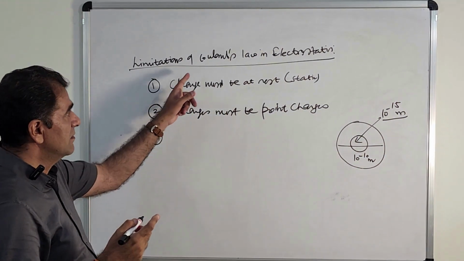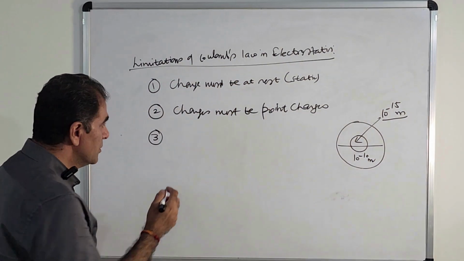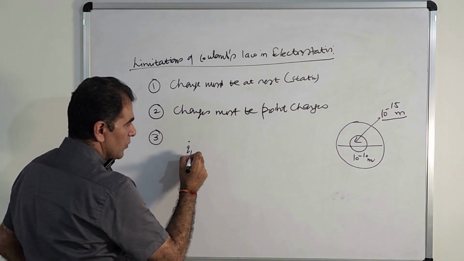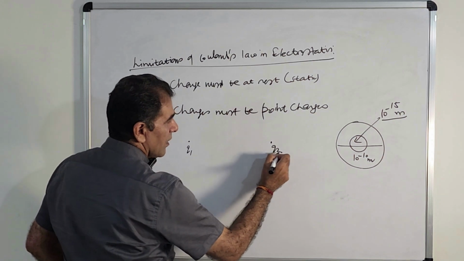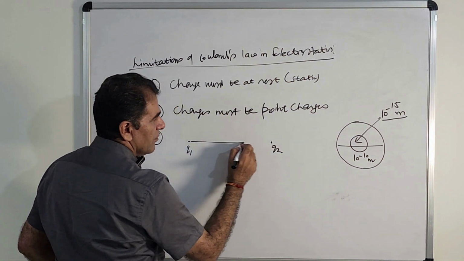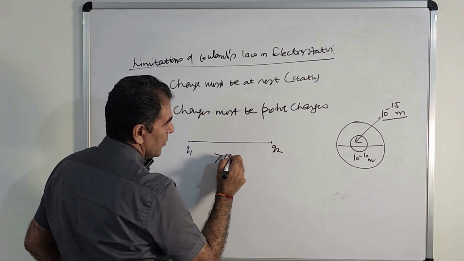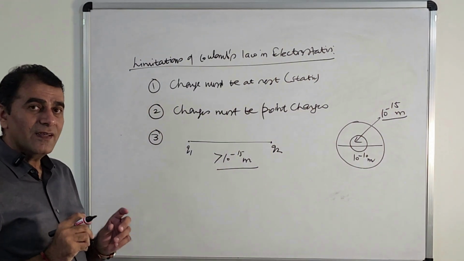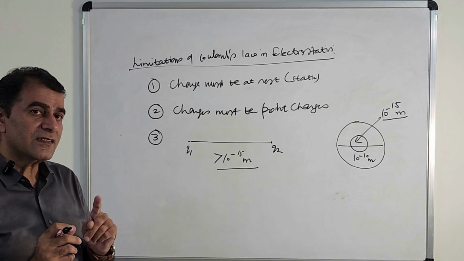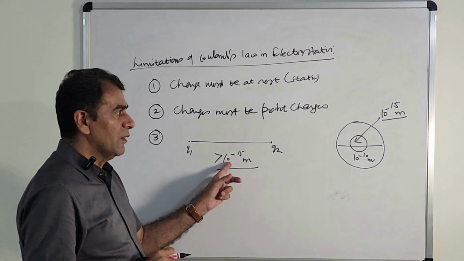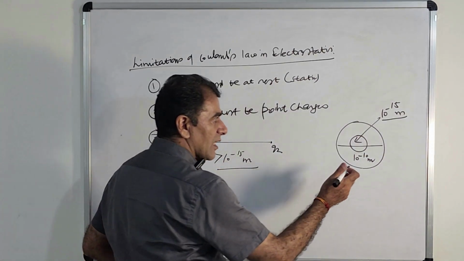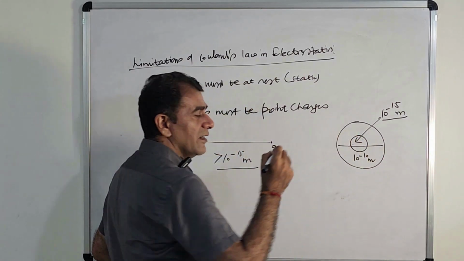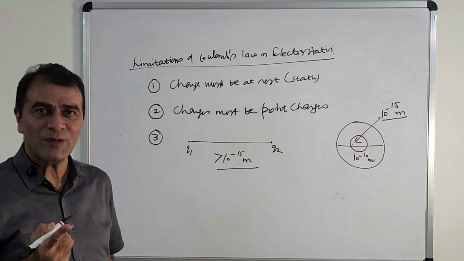So the condition is that Coulomb's law will hold good if, for two charges Q1 and Q2, the distance between them is greater than 10 to the power minus 15 meter. If the distance between two charges is less than 10 to the power minus 15 meter, the charges will lie inside the nucleus.